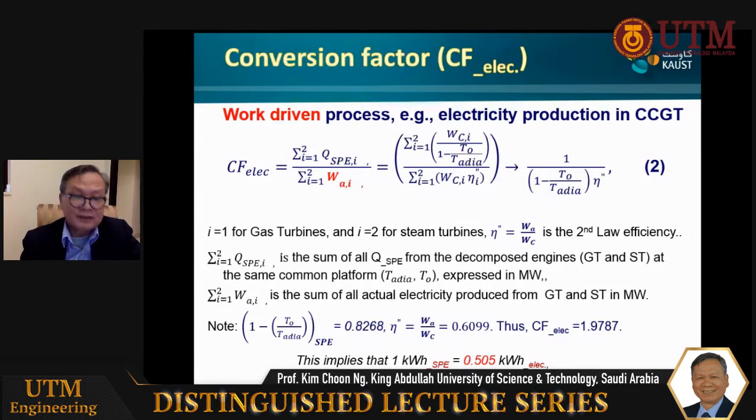So from this conversion factor, it implies that 1 kilowatt hour of SPE, that means the energy that is drawn at the standard adiabatic flame temperature to run the engine for producing electricity, you can only get at the best about 0.505 kilowatt hour electric. In other words, all the other losses found in the engines, such as the combustion losses, the windage losses in the gas turbine, the work done in the compressors, the friction losses, occupies the other 50%.